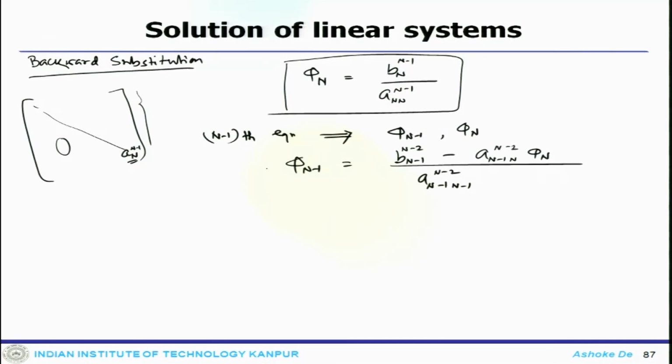So, so on. If you go along this direction, finally we can obtain phi n minus 2 and so on, phi 3, phi 2 and phi 1.